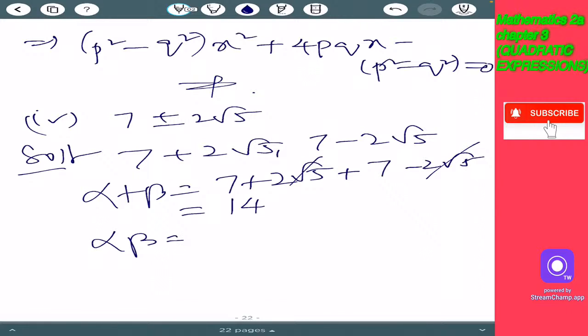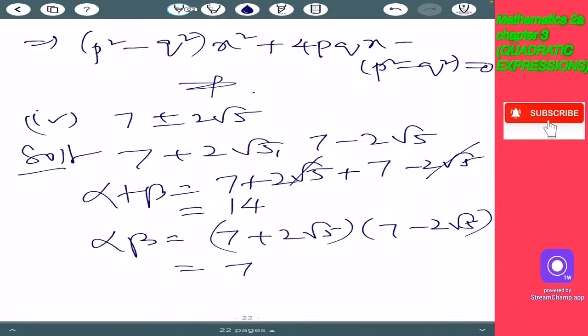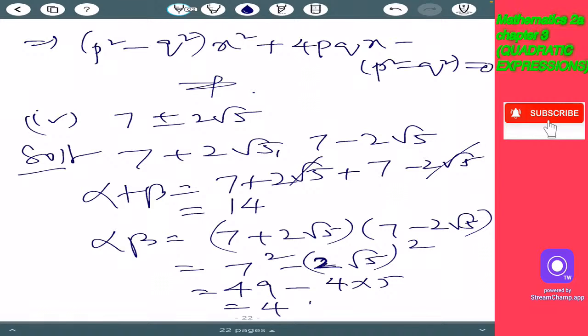And for the product of roots, you'll get 7 plus 2 root 5 multiplied by 7 minus 2 root 5. If you multiply, it is a plus b into a minus b, that is the a square minus b square form. So you'll get 49 minus 4 multiplied by 5, that is 49 minus 20, you'll get 29.